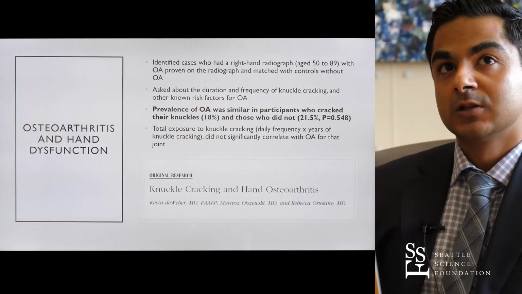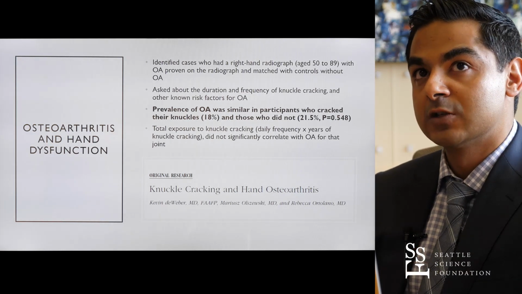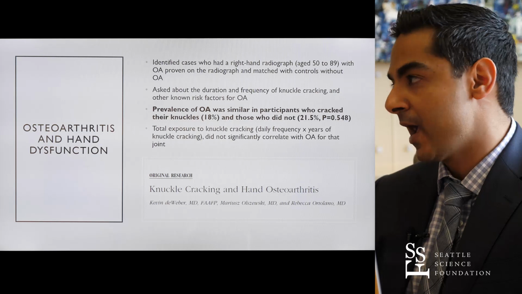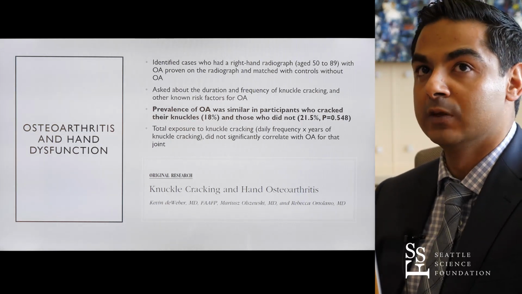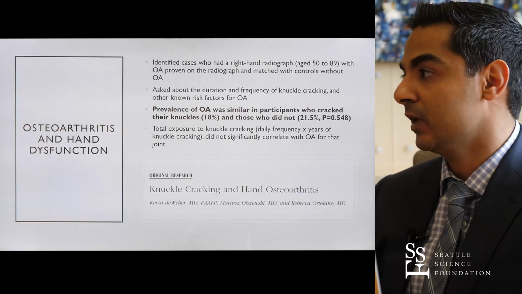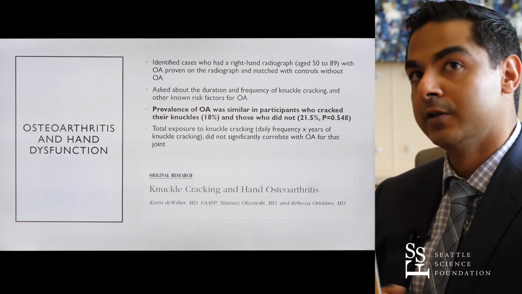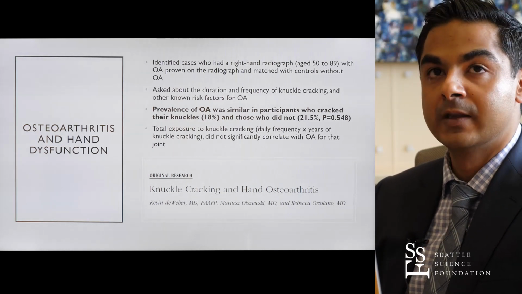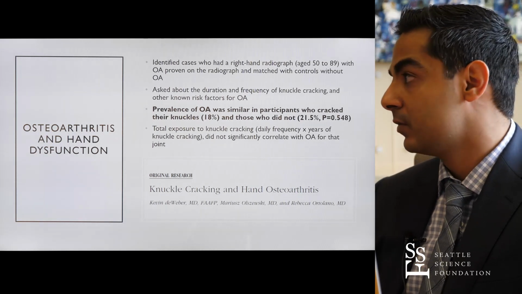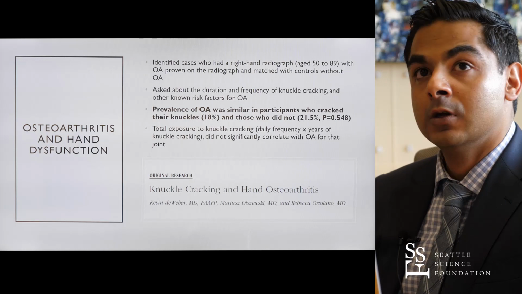So this is the strongest study out of all of them. This was a case control study. They looked at people who had osteoarthritis and compared them to people who did not have osteoarthritis. And they looked at exposures, one of them being knuckle cracking, and then other risk factors for OA. They also found the prevalence was the same in both groups.